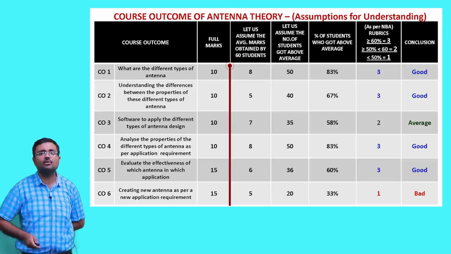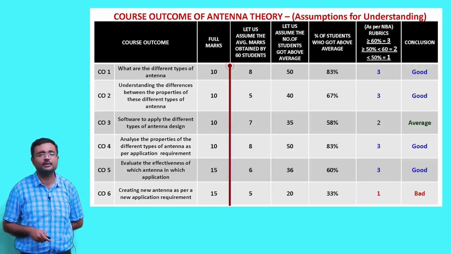10 marks for CO1, that is, what are the different types of antenna in the case of antenna theory, 10 marks on that. Understanding the differences between the properties of these different types of antennas, that is CO2, 10 marks on that.